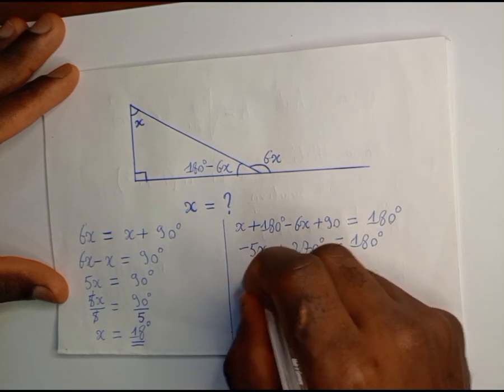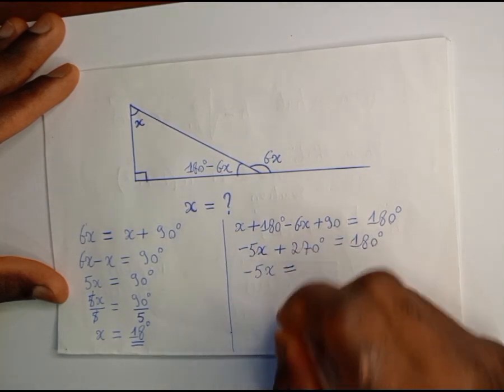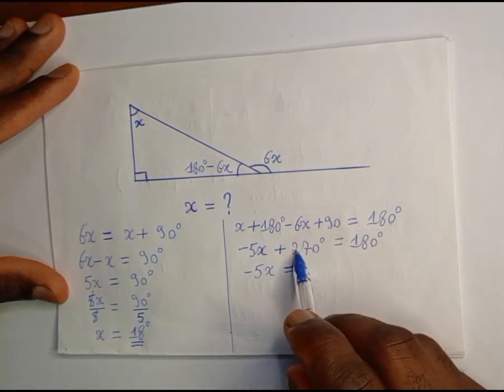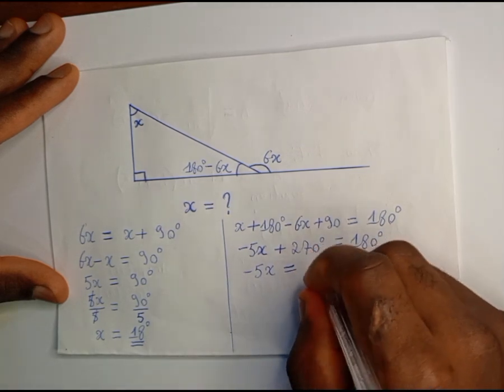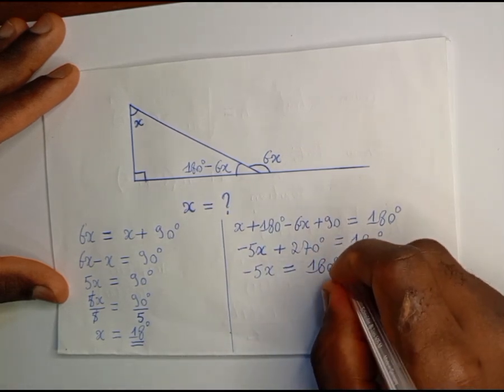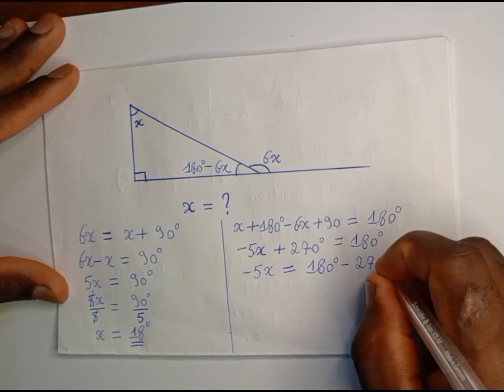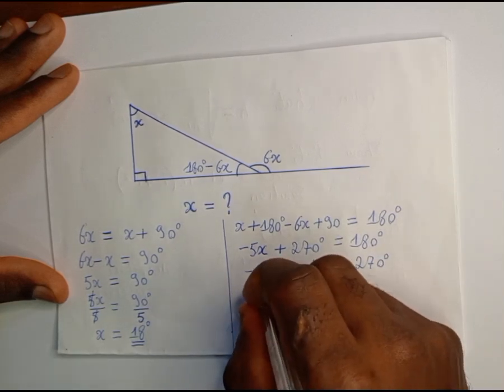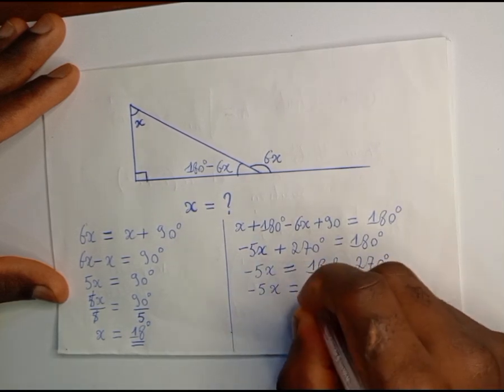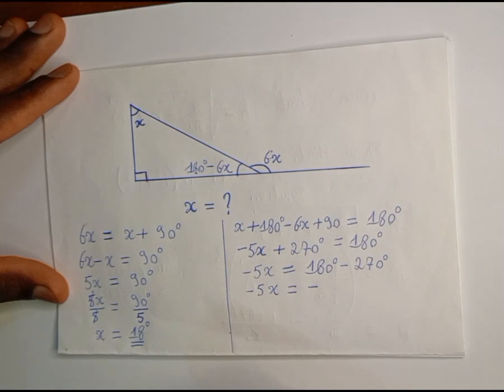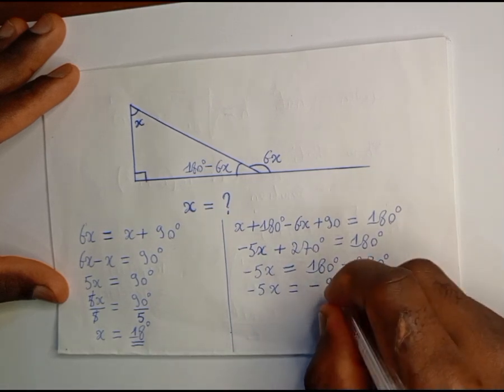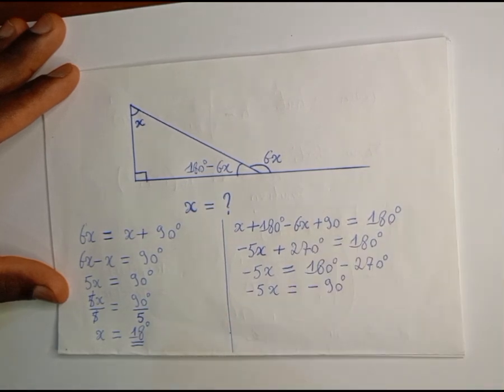This will give us negative 5x to be equal to, we are going to transfer 270 degrees to the right hand side, which becomes 180 degrees minus 270 degrees. This will give us negative 5x to be equal to negative 90 degrees.